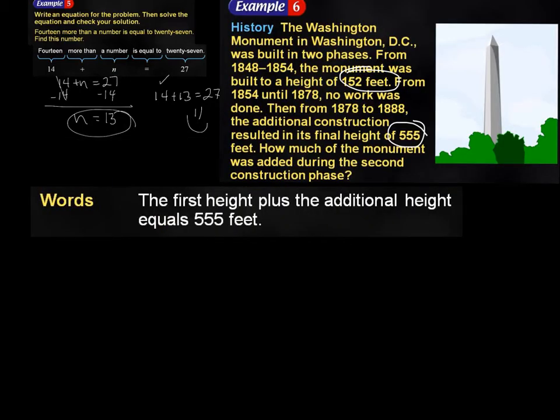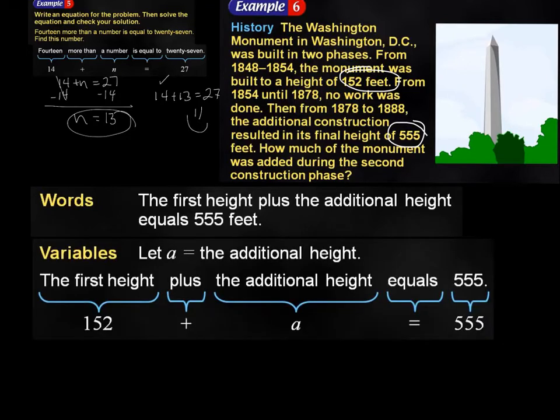Okay, making a plan, if we put it into words, the first height plus the additional height equals 555 feet. They decided to let A equal the additional height. I can live with that, A for additional. So the first height plus the additional height equals 555.